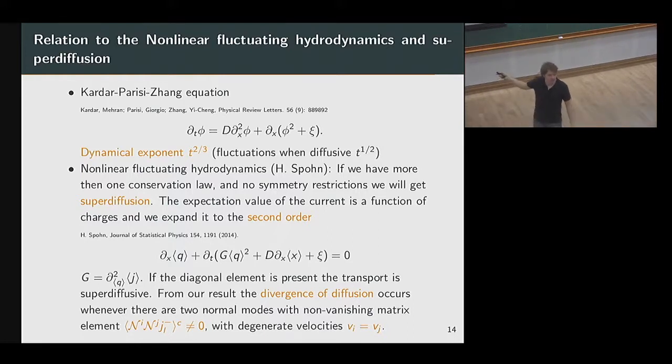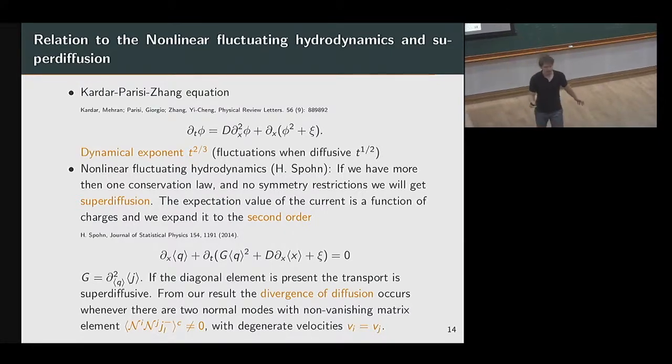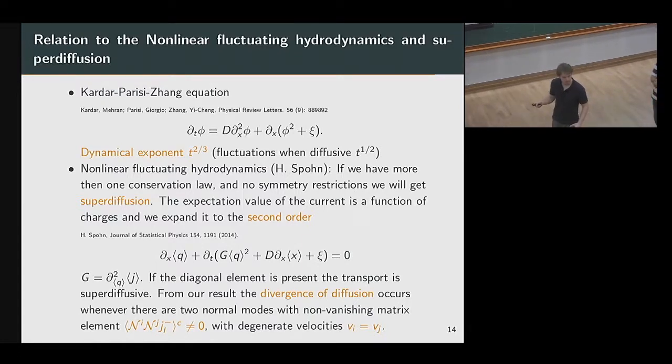No, but I'm not saying this is super diffusion. Yeah, but you say if you have no symmetry restriction, then you will get super diffusion. This is what's written there. Is it clear what I mean? No. What I'm saying is that even without any symmetry, you can just have diffusion. You don't need any symmetry.